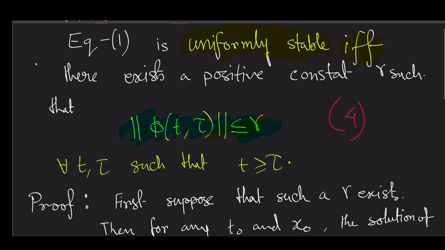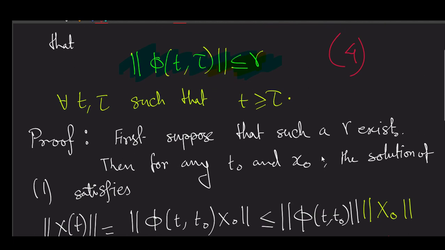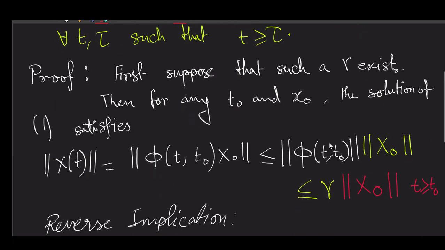So in order to prove it, first let us suppose that such a gamma exists. That means we are assuming that this gamma exists. Then we will try to see what the existence of such gamma implies.